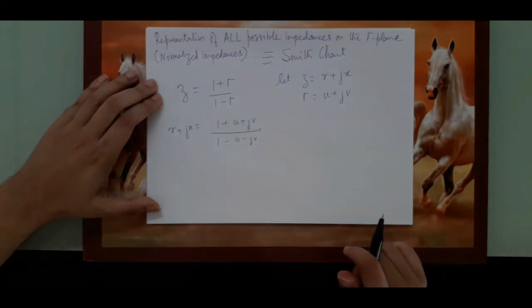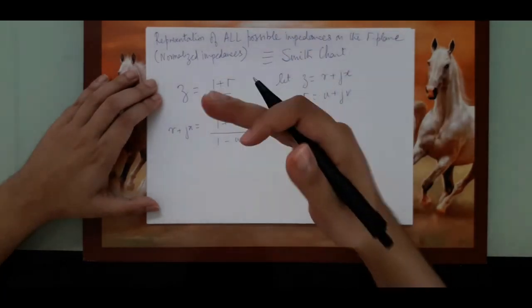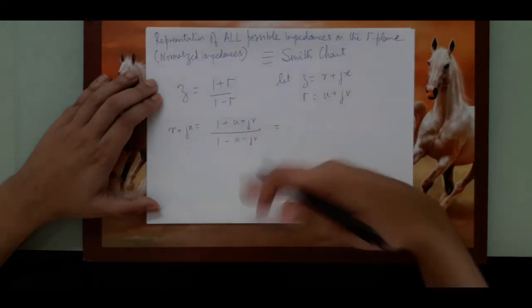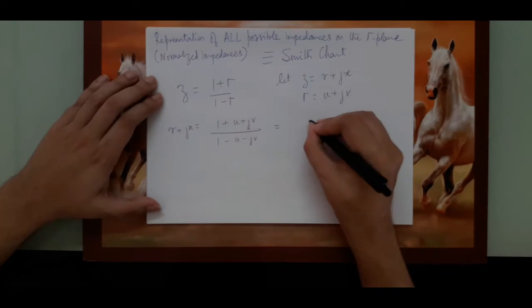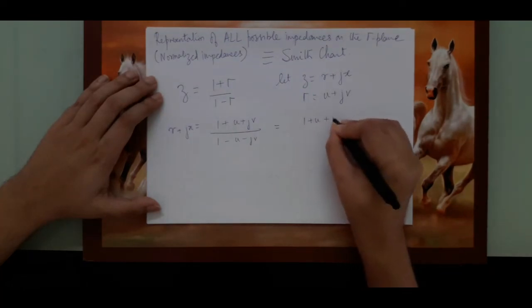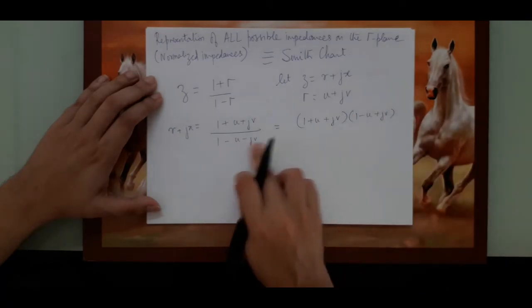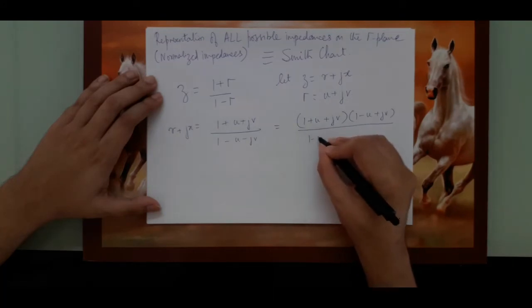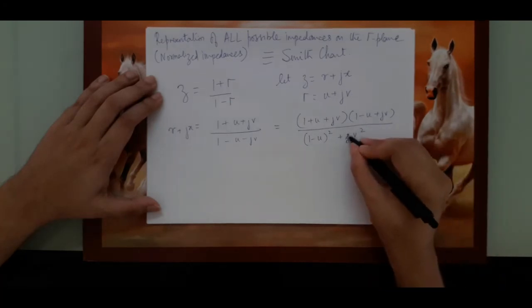You can rationalize this by multiplying the complex conjugate of the denominator on both numerator and denominator, and you will get something like this. If you multiply a complex number with its conjugate, you will get this. The j is not there.